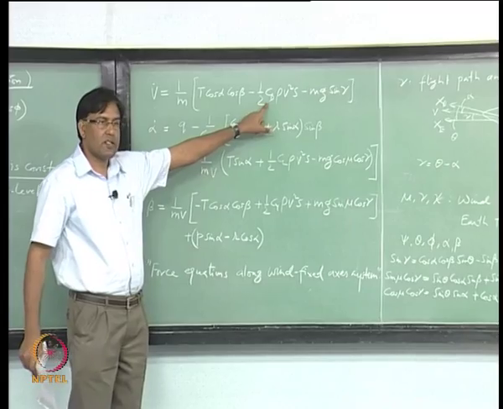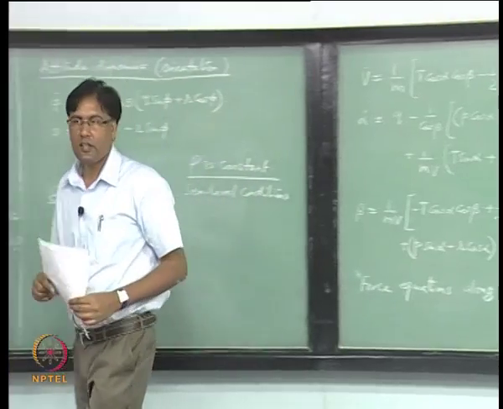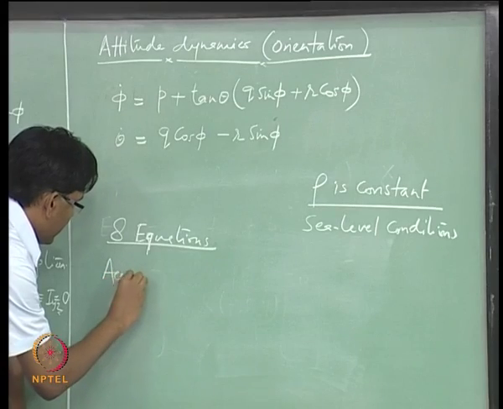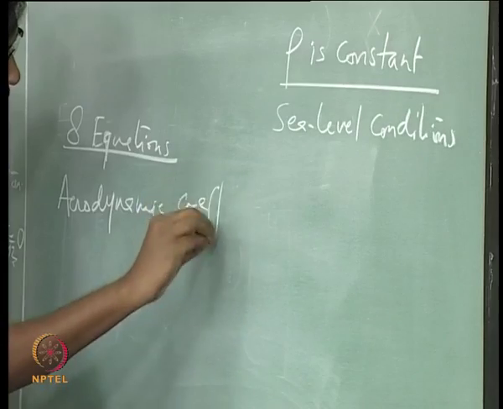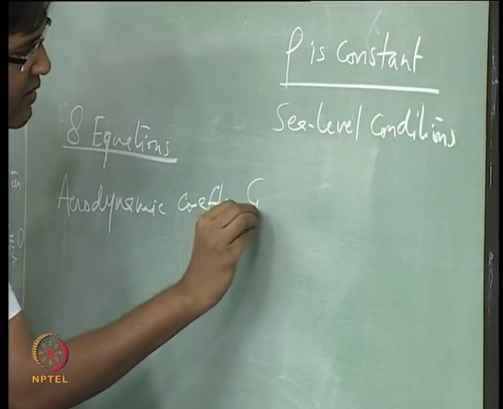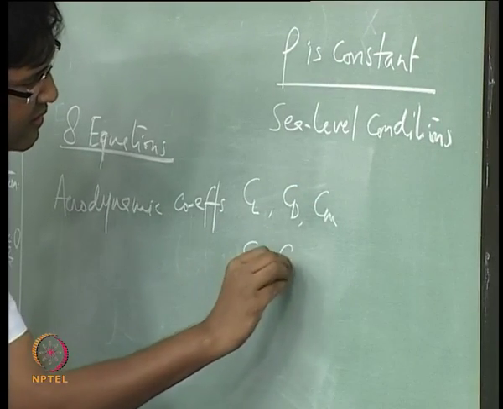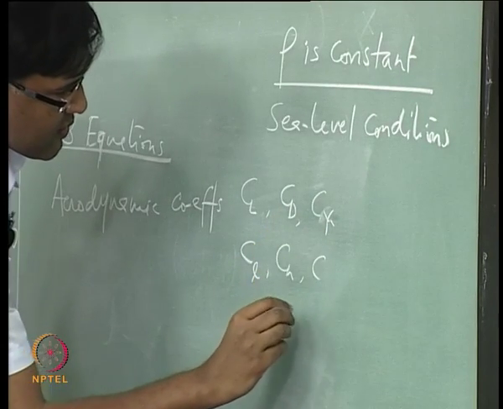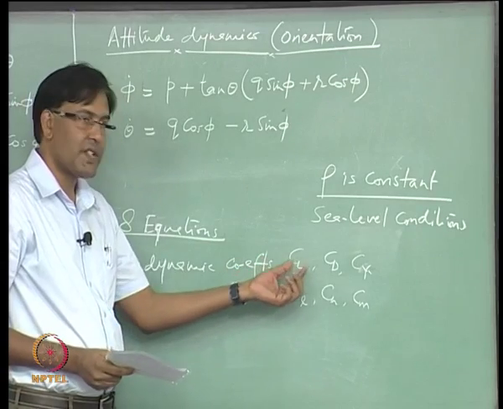What about these coefficients CD, CL, CM, are they linear? Are these linear? What are these coefficients going to depend upon?